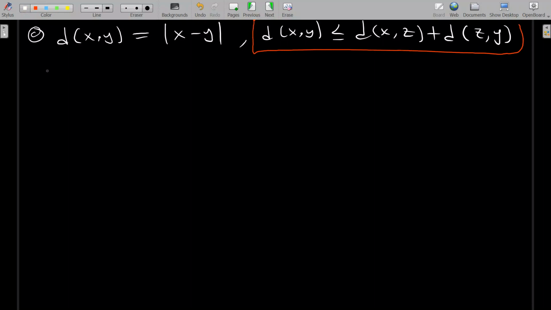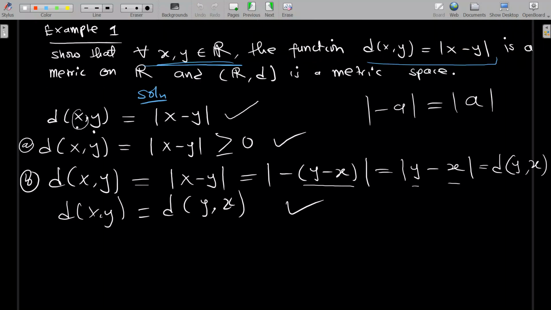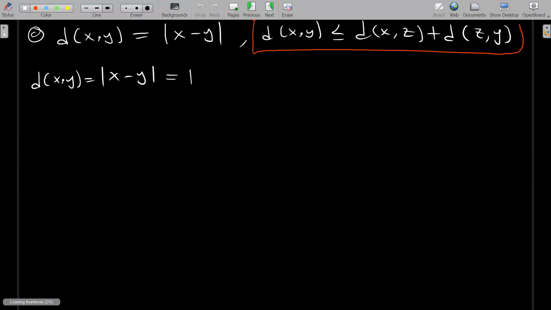Now we have d of xy being equal to the absolute value of x minus y, and this is the same as, if I want to show that to move from x to y, there's another element z which belongs to the set R, because everything we are dealing with here is from the set R. The element z is between x and y, and I can introduce it in the absolute function equation.